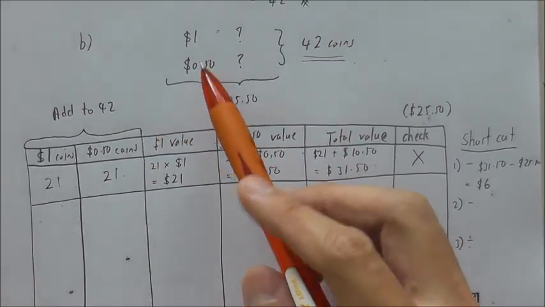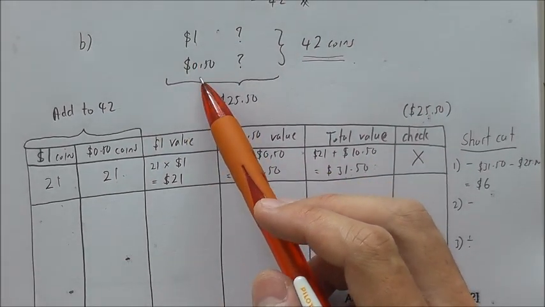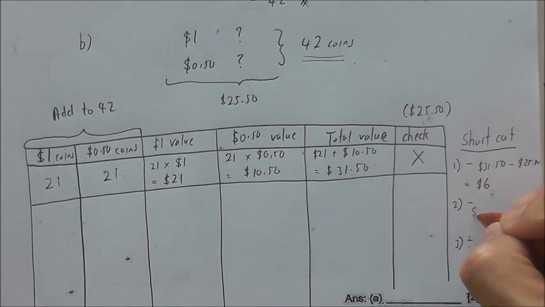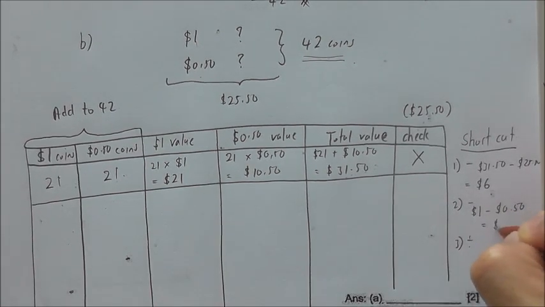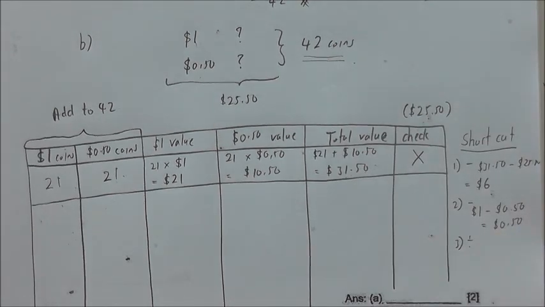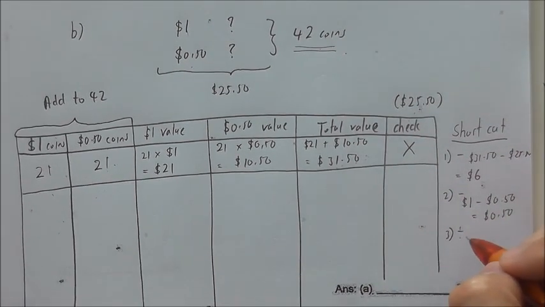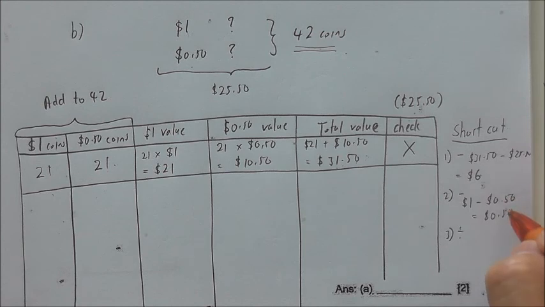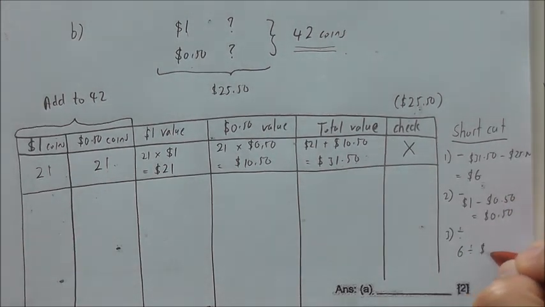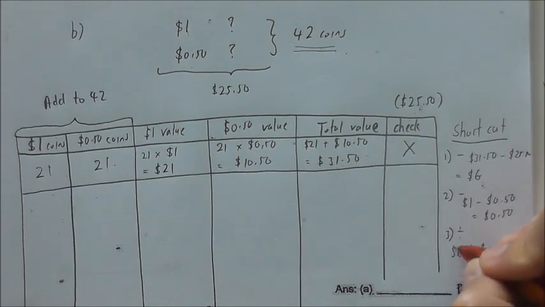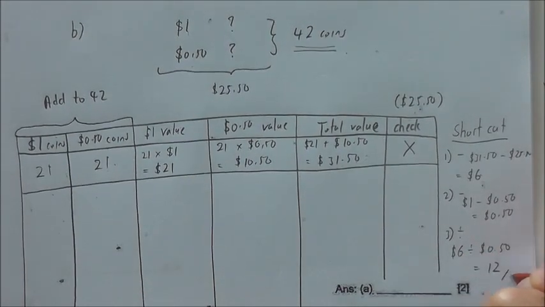Next, I take the two objects that I have, $1 and 50 cents, and minus again. So $1 minus 50 cents, I get 50 cents. Then lastly is divide. So I just take 6 divided by the 50 cents that I found here. So 6 divided by 50 cents, I have 12.